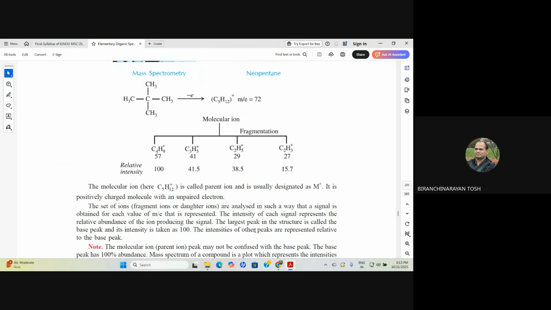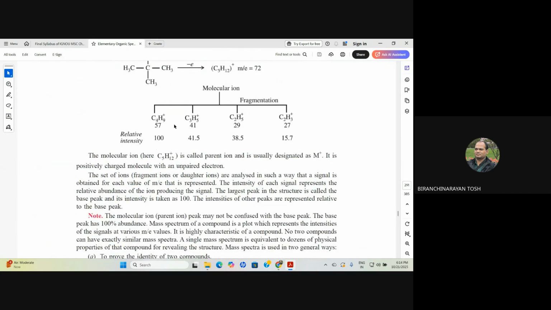The largest peak in the spectrum is called the base peak, and its intensity is taken as 100 arbitrarily. So with respect to the intensity of the base peak, the relative intensity of the others we have to find out, and where we get the peak, that will give you the molecular mass.